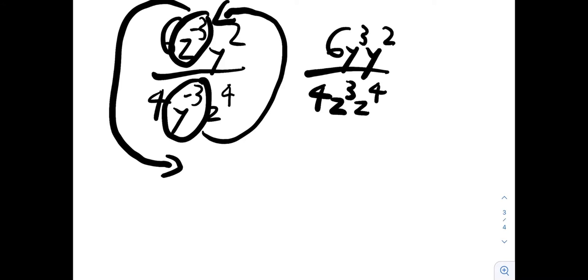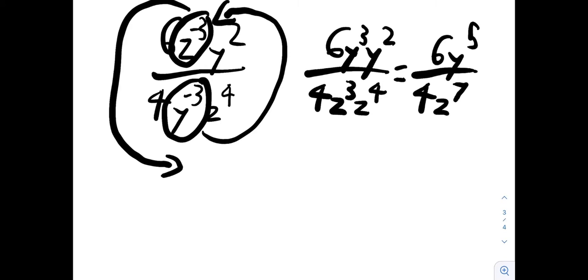And now we are going to multiply each of the powers on the denominator and the numerator. So here we have 6 times y to the power of 5 over 4 times z to the power of 7. And you could also simplify at the beginning and then rearrange at the end.